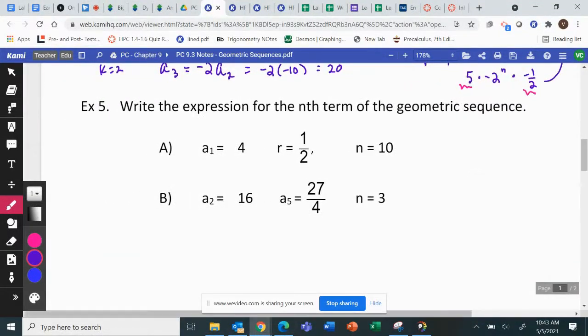Example 5A. Write an expression for the nth term of the geometric sequence. So you're given a sub 1, you're given R, and then n is 10. So we're going to write an expression for the nth term for A. Go ahead and try that.